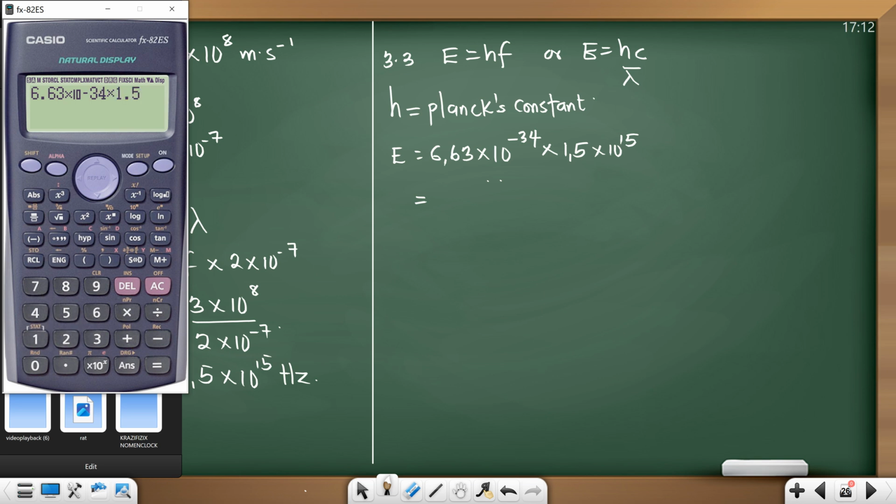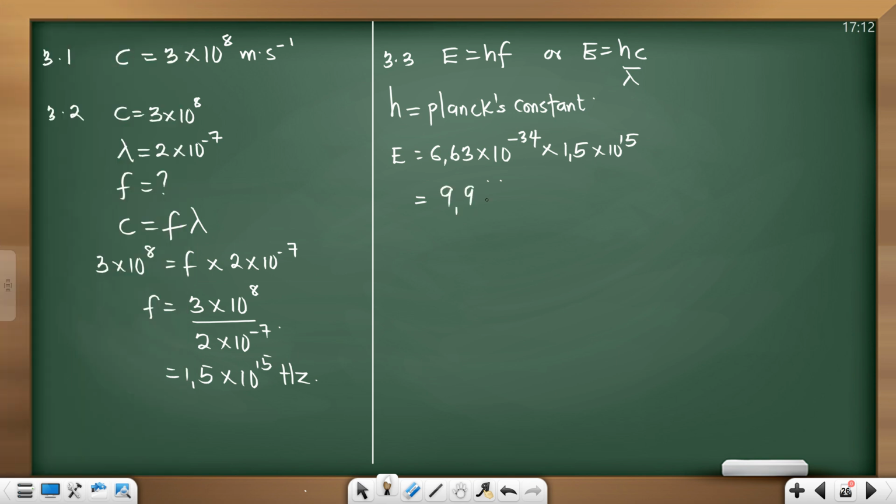That is what will determine the formula you use. Check. I have 9,945, but physics is 2 decimal places, so it's 9,95 times 10 to the power negative 19 joules of energy.